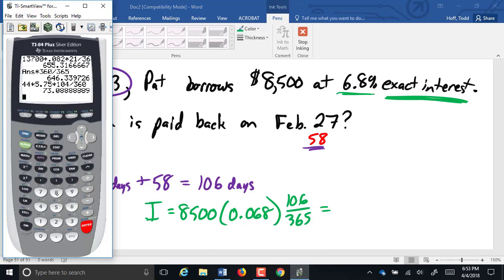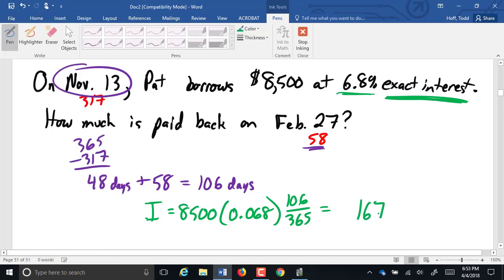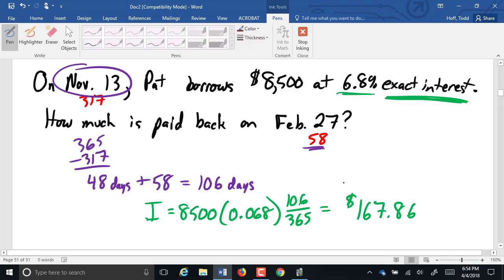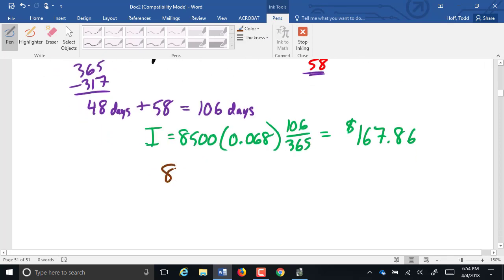Good. $167.86 is the interest. We're going to add that to the 8,500. $8,667.86.